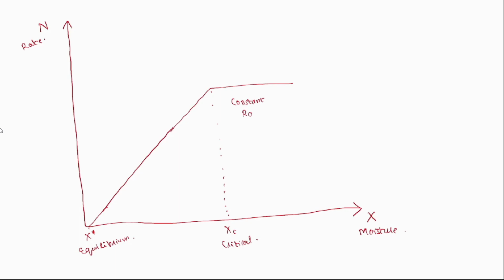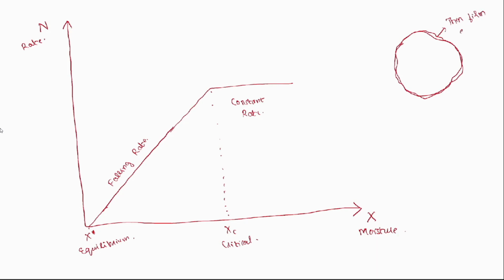So we have this constant rate here, and we have the falling rate here. Now let's assume we have a wet solid. Like previously, we saw the bound and unbound moisture.